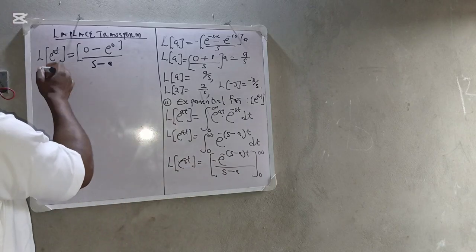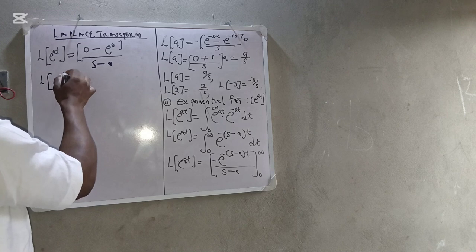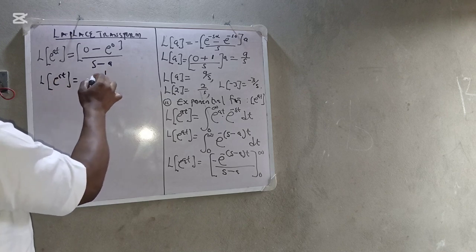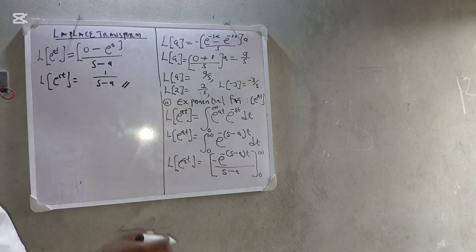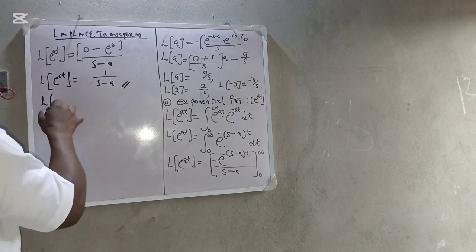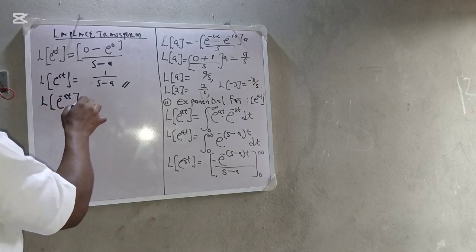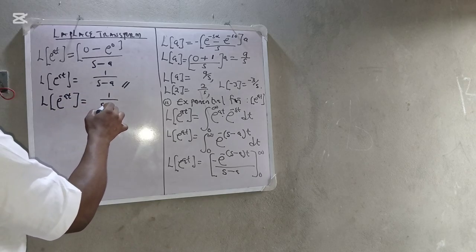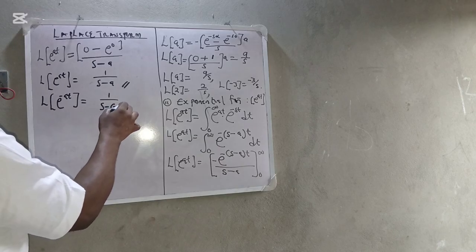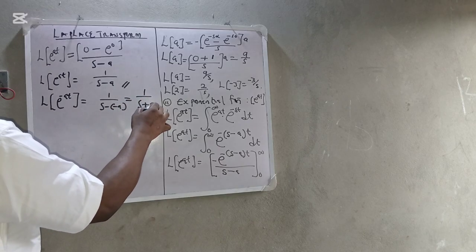So the Laplace transform of e to the at will give us 1 divided by s minus a. Also, the Laplace transform of e to the minus at is giving us 1 divided by s plus a.